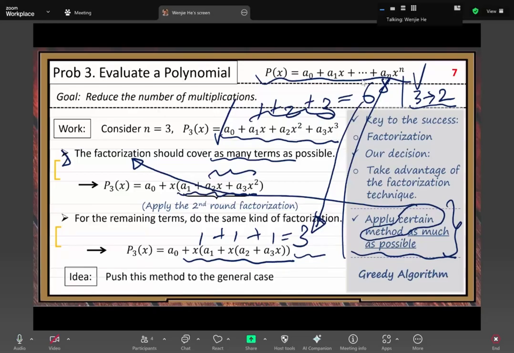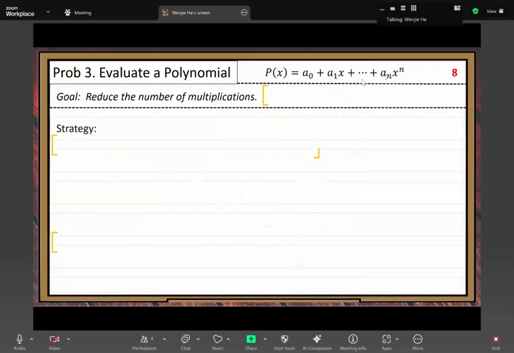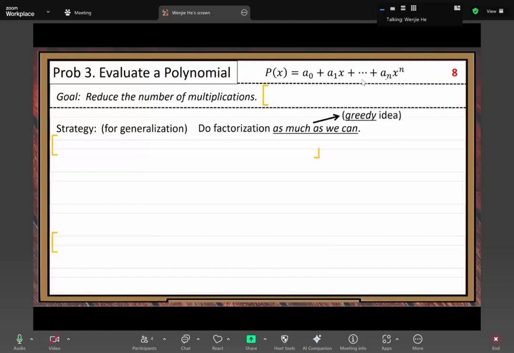Here, the strategy is to do factorization as much as we can. That's the underlying approach, the greedy algorithm approach. So let me explain greedy algorithms.